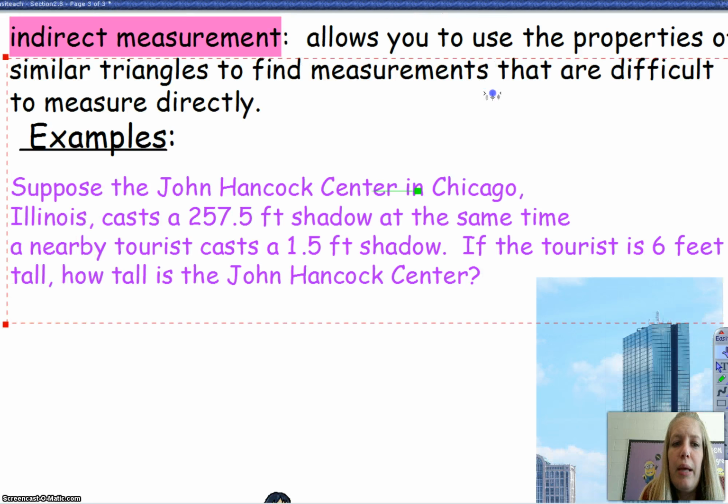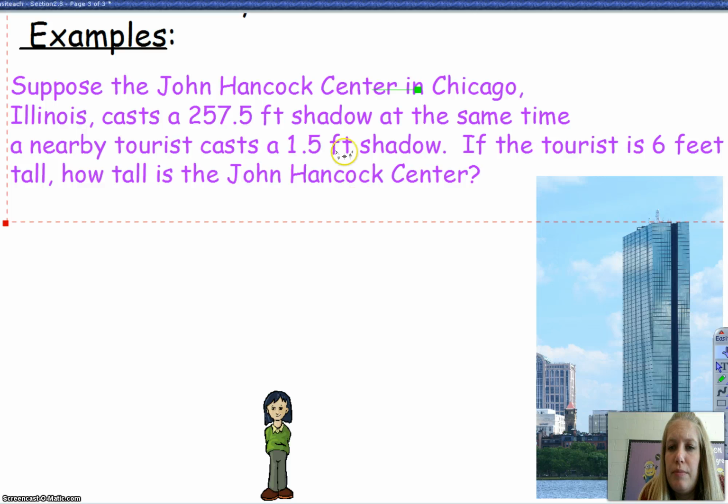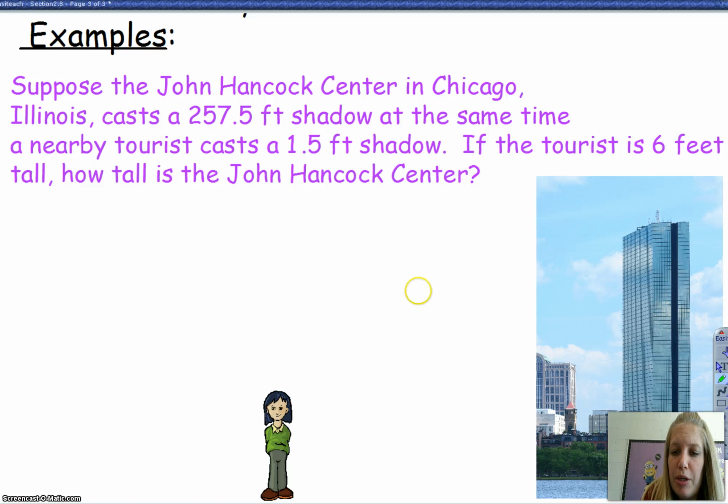So, what I mean is, we have a large building here, the John Hancock Center in Chicago. And it casts a shadow. So what we're going to do is we're going to just draw a little shadow here. Here's my shadow. A shadow that is 257.5 feet long.